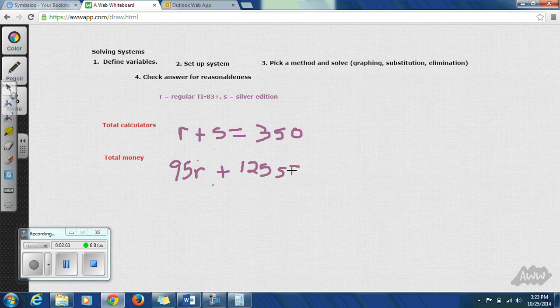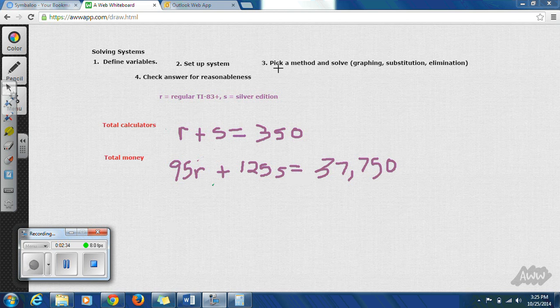Equals the total amount spent of $37,750. Total calculators, total money. These numbers are values in dollars. This is a total value in dollars. That's step 2, setting up the system.